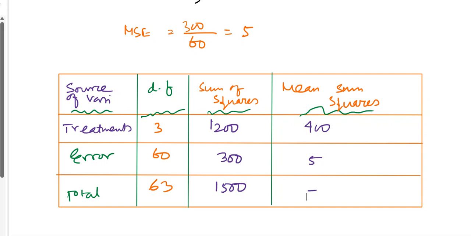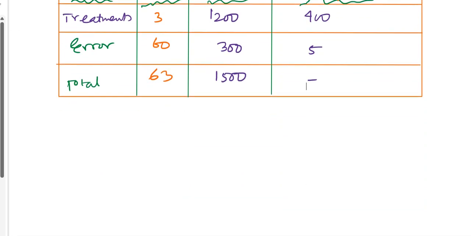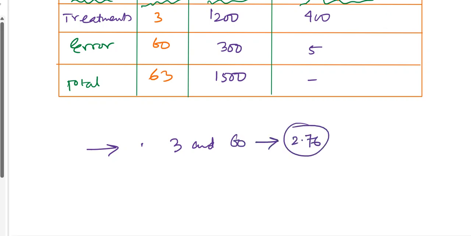So in step 5 we calculate, at 5% level of significance with degrees of freedom 3 and 60, the critical value, that is 2.76.